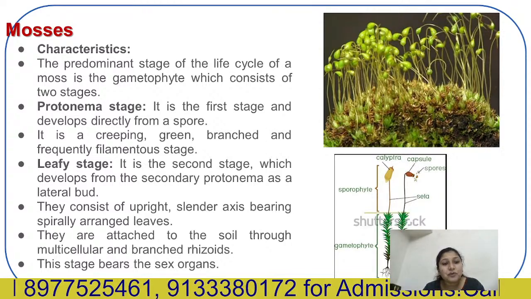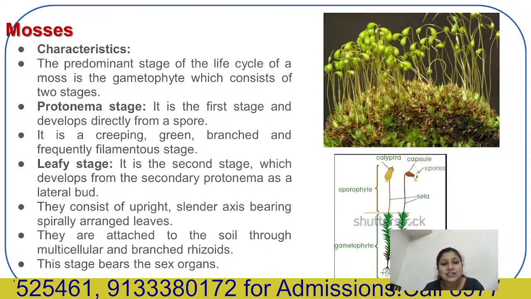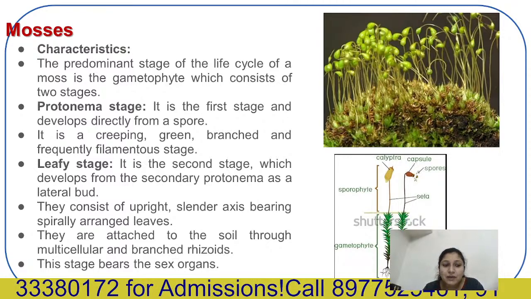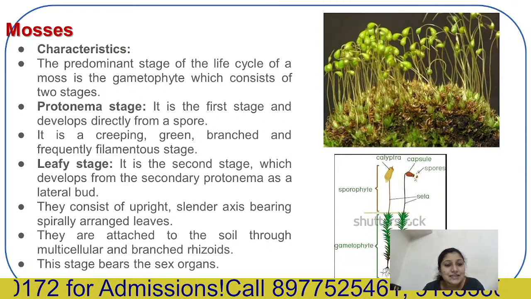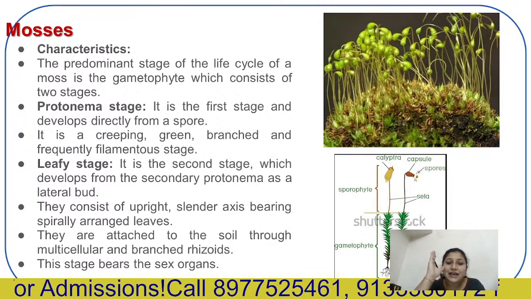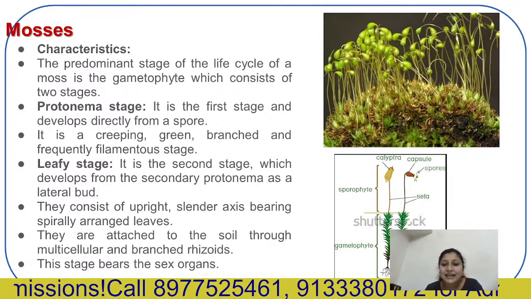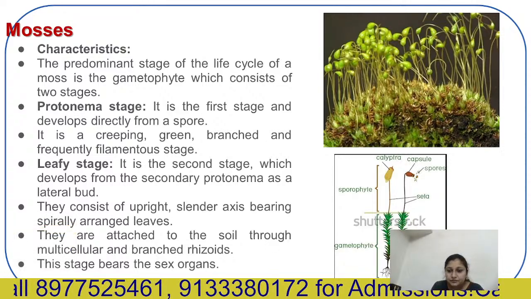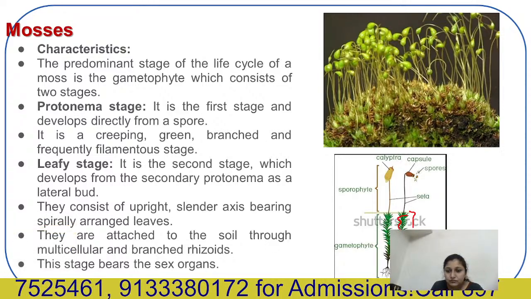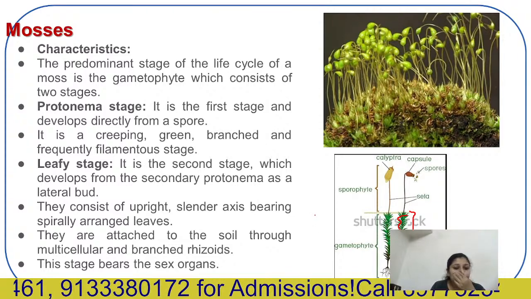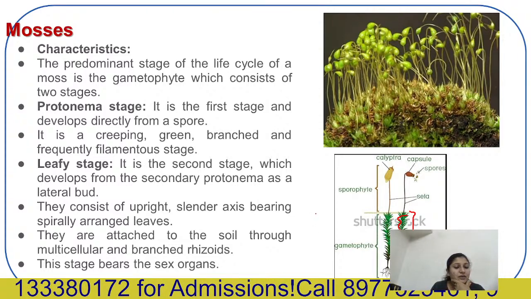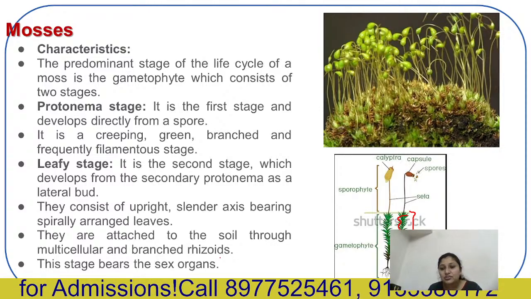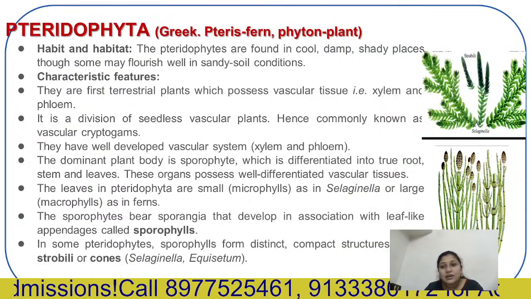Then the second stage begins, the formation of leaves, which develops from the secondary protonema as a lateral bud, consisting of an upright slender axis bearing spirally arranged leaves. They are attached to the soil through multicellular branched rhizoids, and this stage bears the sex organs.